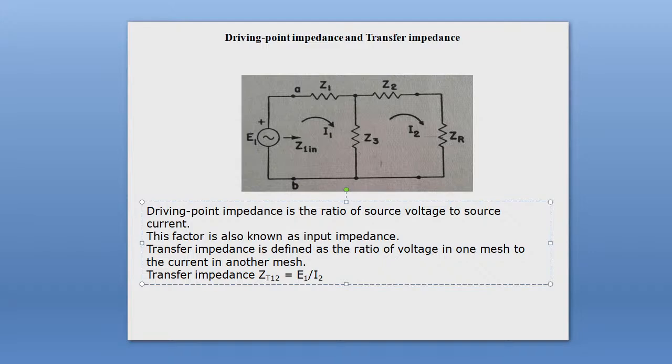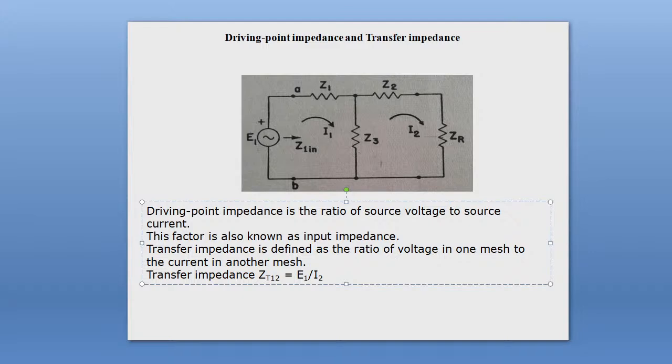We have discussed these quantities in previous classes. Today our objective is to understand what is driving point impedance and what is transfer impedance. Also we will try to understand what is transfer admittance and what is driving point admittance.